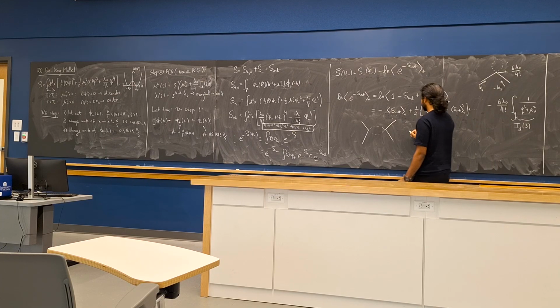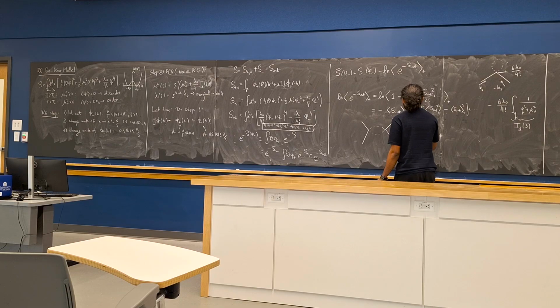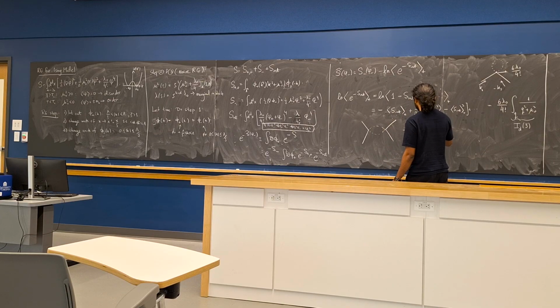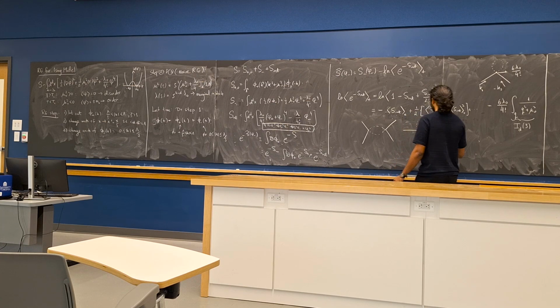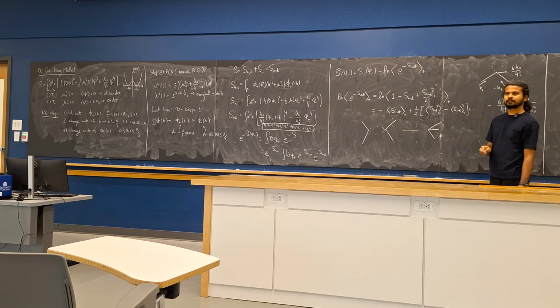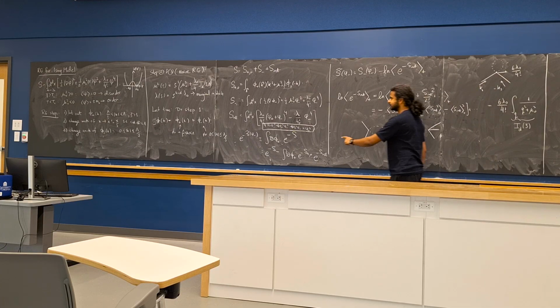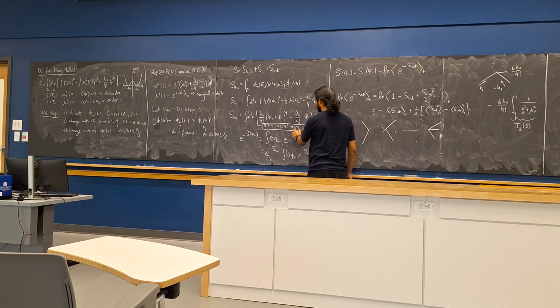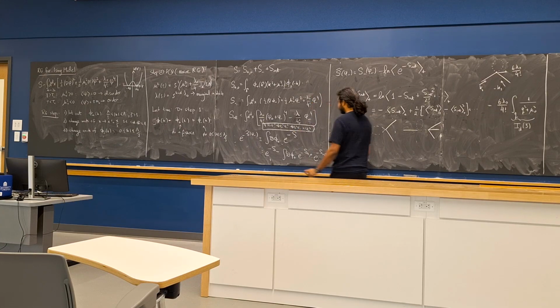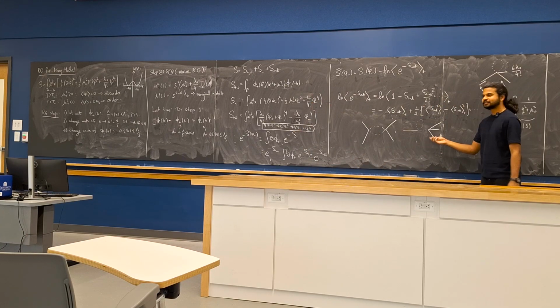There is another possible diagram, just like this. So this is like a phi plus to the 3, phi minus vertex, phi plus to the 3, this vertex. But this diagram is 0. Can you identify why?